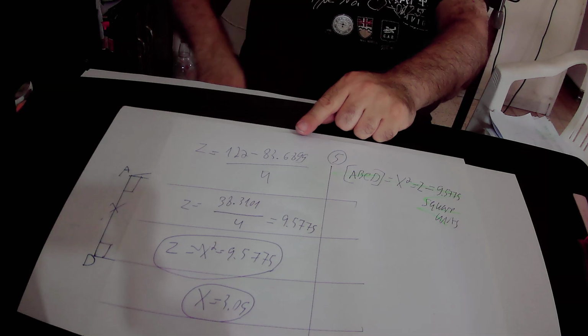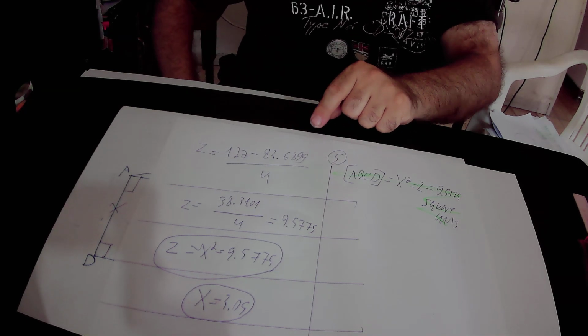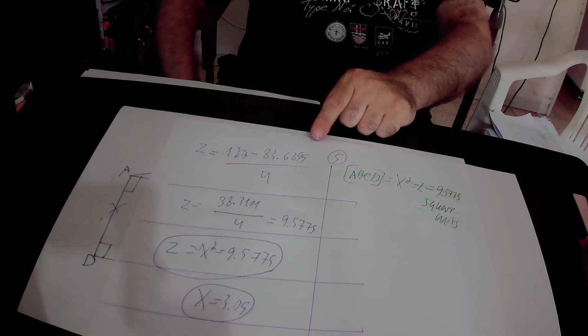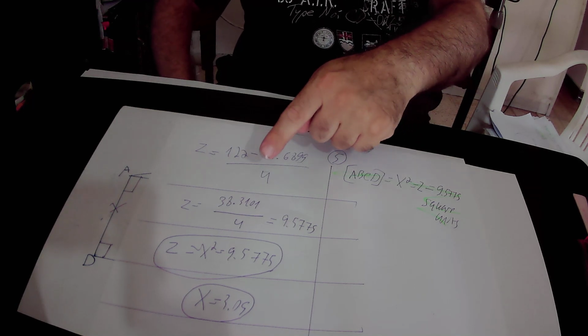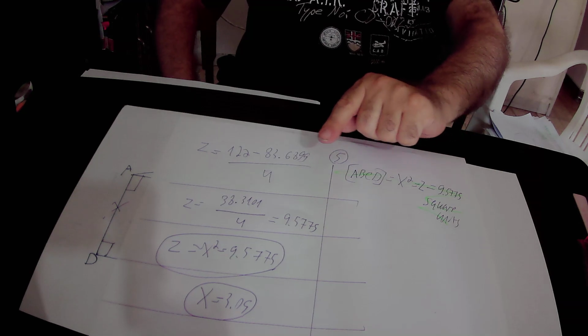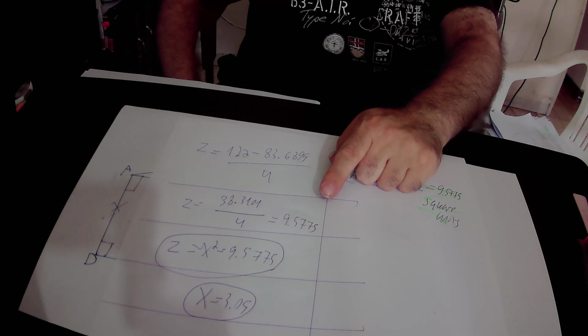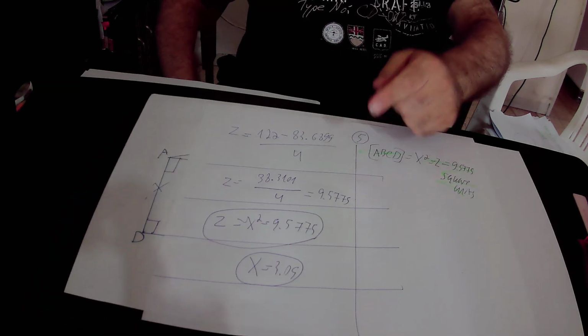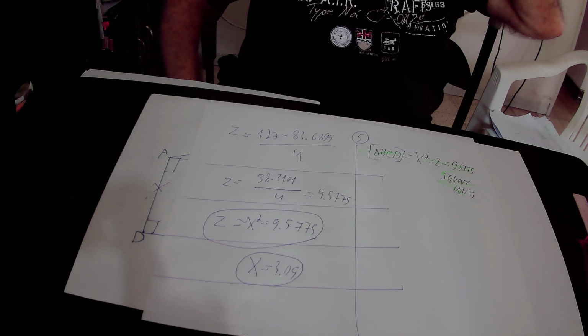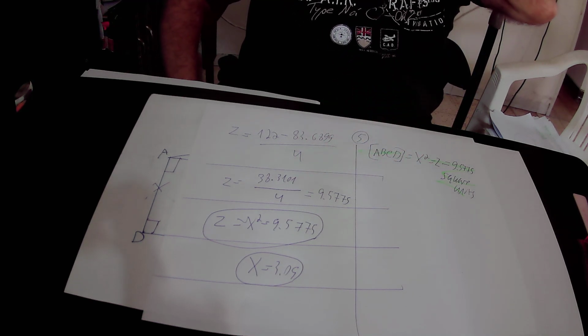And we'll focus on the second solution for z, that z equals 122 minus 83.6899 over 4. 122 minus 83.6899 is 38.4101, and if we divide it by 4, we get that z equals 9.5775. So z, that is equal to x squared according to our definition, is equal to 9.5775.